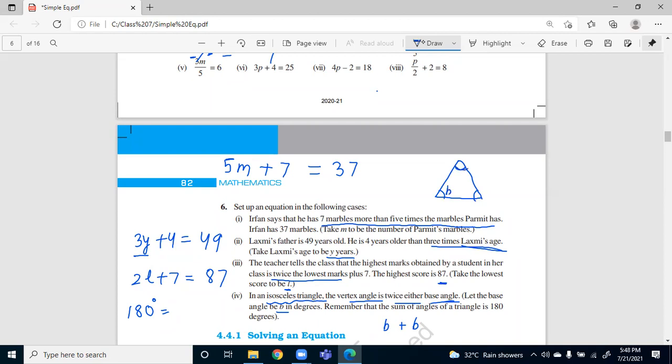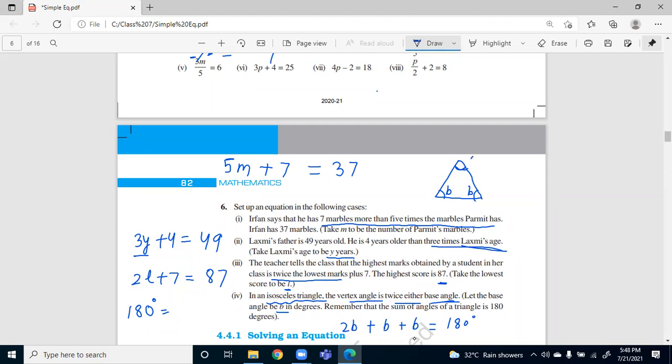So it says if the base angles are b and b, and the vertex angle is twice, so the vertex angle will be 2b. So if we take the sum of all three, the sum of all angles of a triangle is 180 degrees. So we can write the equation as 2b plus b plus b.